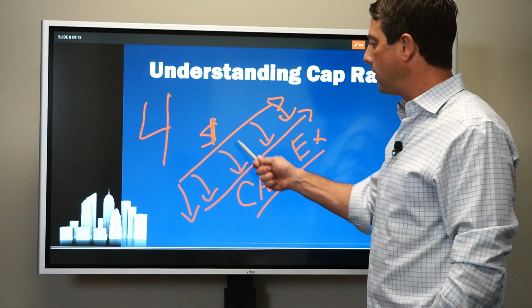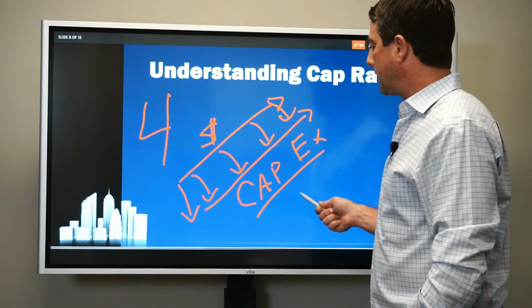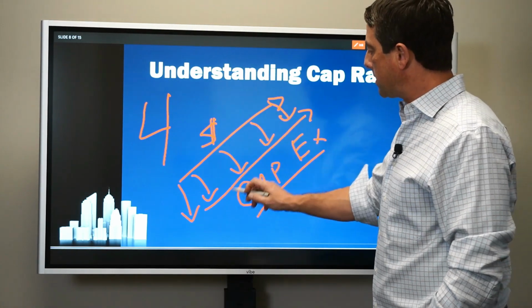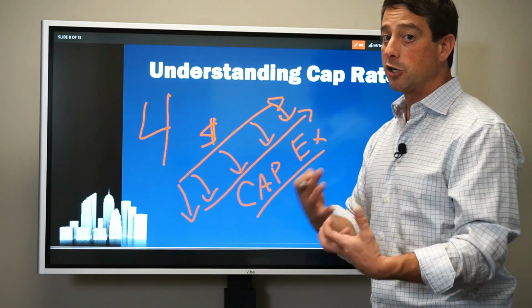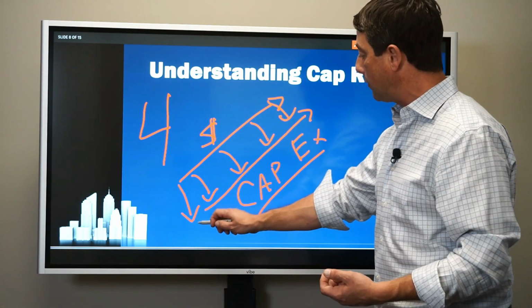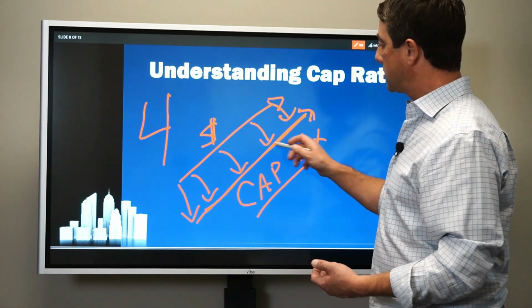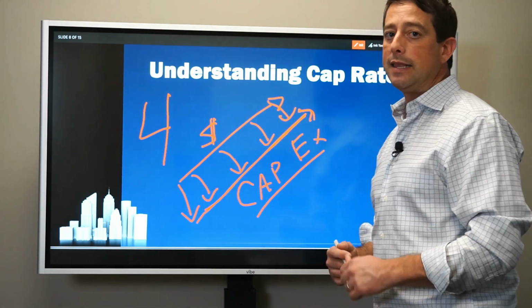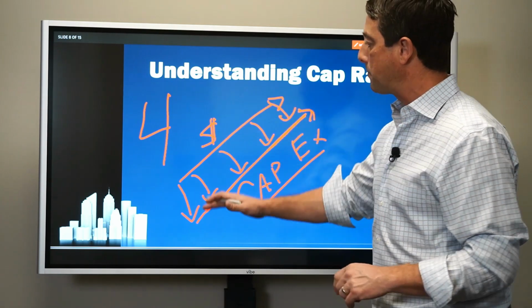So be careful when looking at older buildings that are selling at a very high price because you may be misunderstanding the infrastructure needs of that building. And if you miscalculate that, and your expenses go up along with revenue, you're not decompressing that cap rate. And then the only thing you can do is compress the cap rate further.